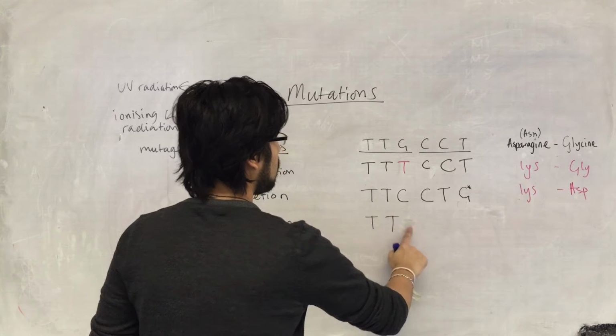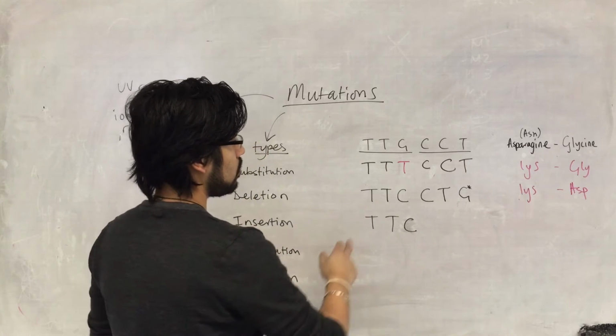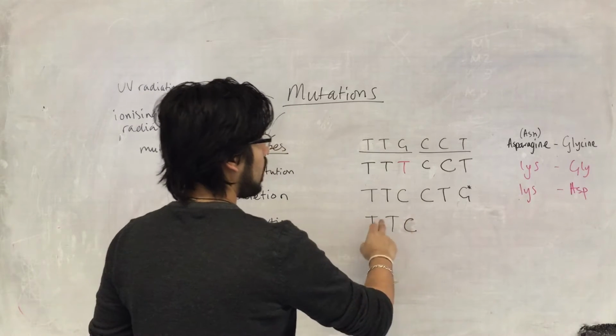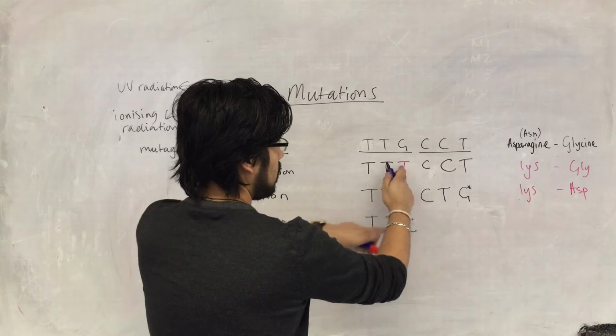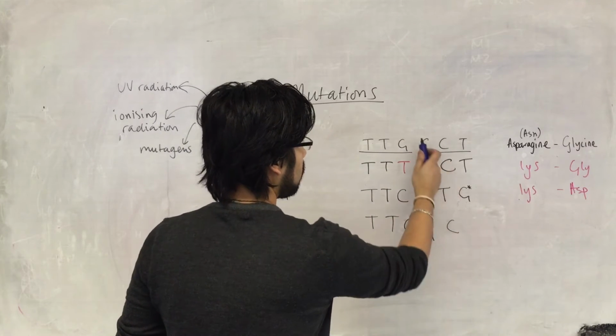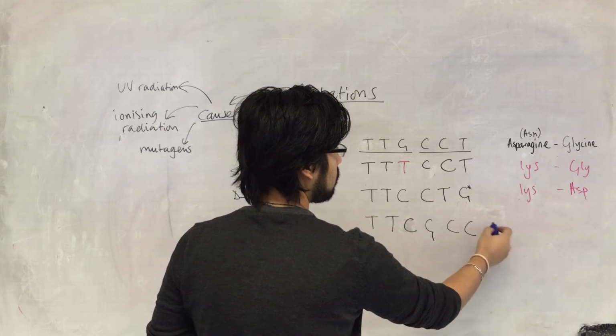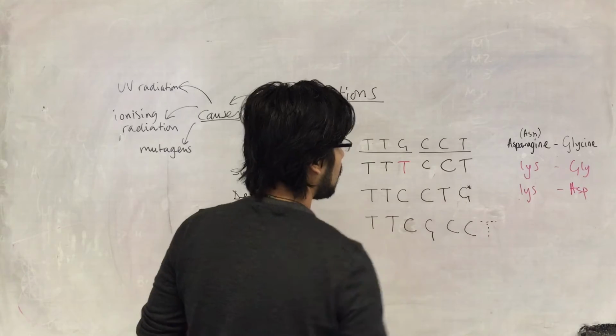Actually, that's not a good idea. Let's put a C there. So T, T, C, and our G is still there. So G is there, and then we carry on with that C there, and then that C moves there, and then that T moves along.